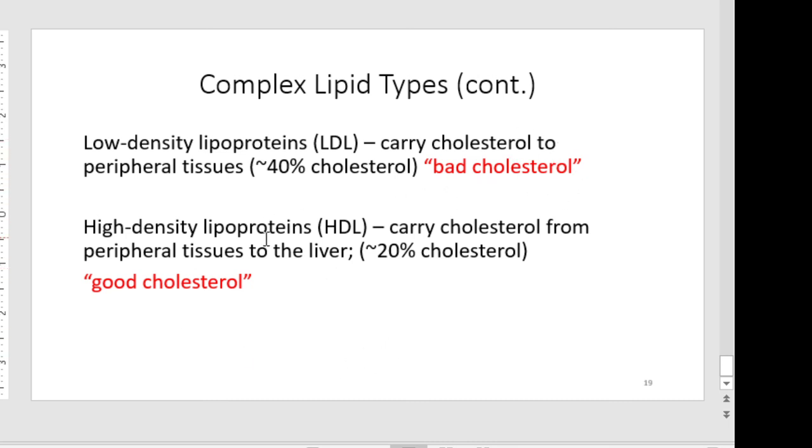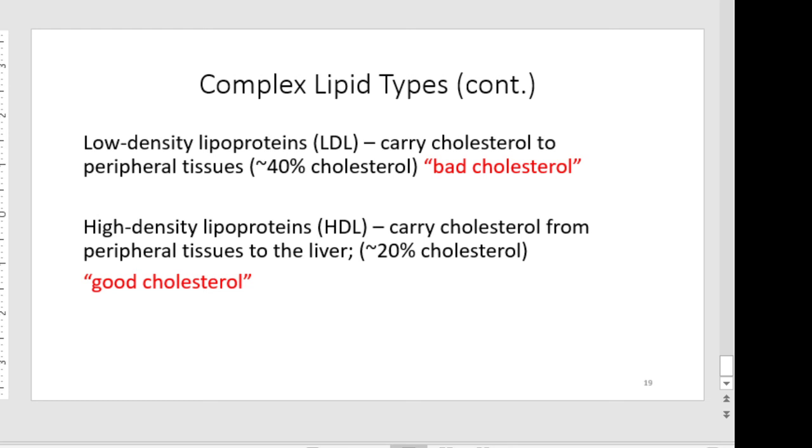Now, those things really have to do, you still don't want a whole lot of cholesterol, but what you end up finding is that if you get a bunch of the saturated lipids, you end up greatly increasing this LDL. All right, so that's really what this chapter is going to be about.